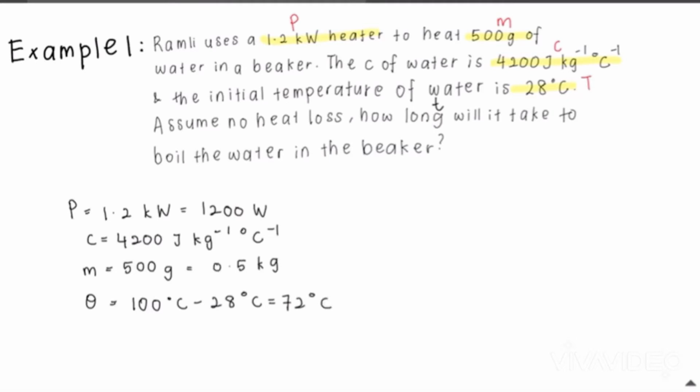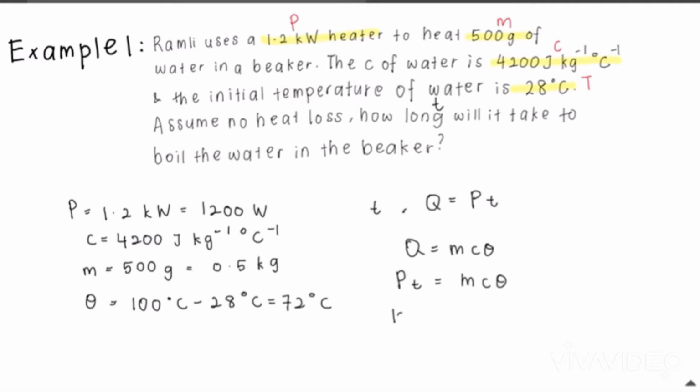So, let T be the time taken to boil the water. Then the quantity of heat provided by the heater is Q equals PT. You know that the equation of specific heat capacity is Q equals MC theta. So, just substitute, you will get PT equals MC theta. You have all this data, so you just substitute.